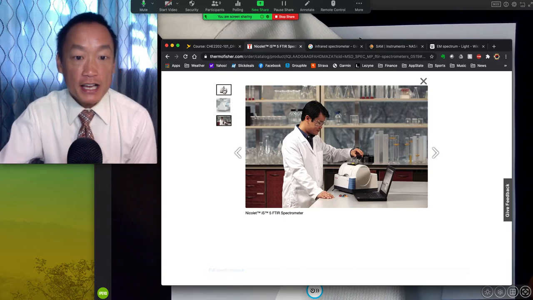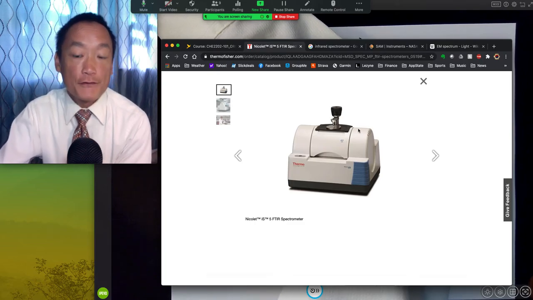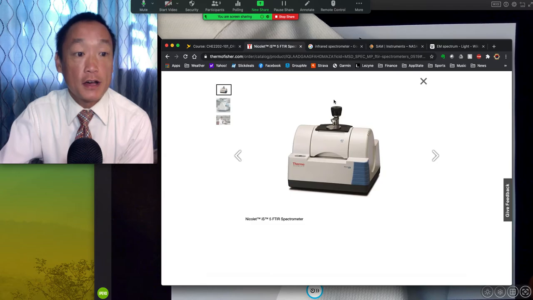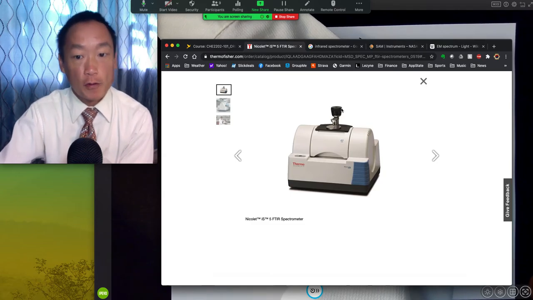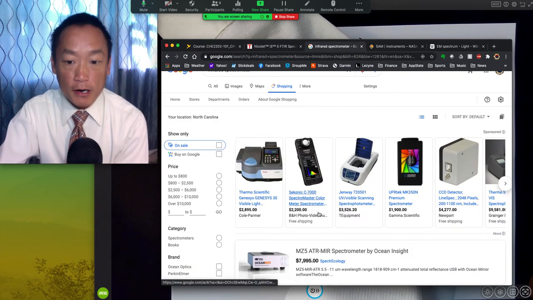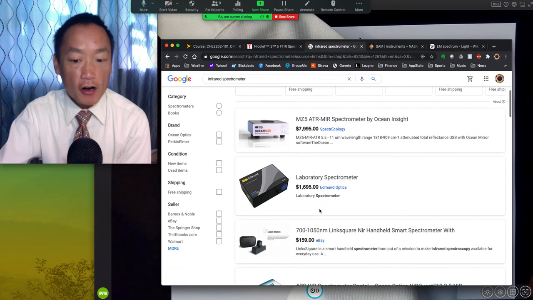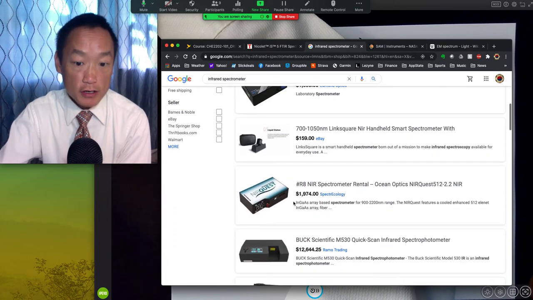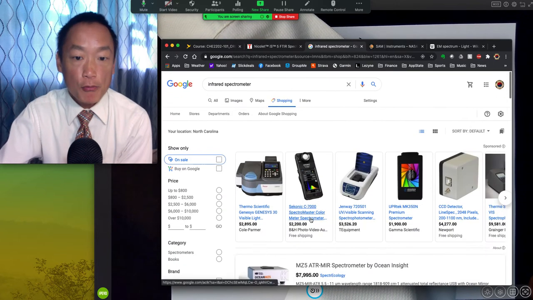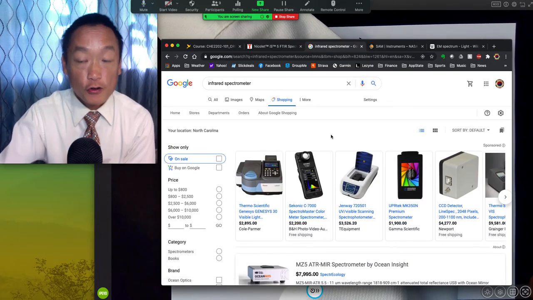What's on the top of this instrument allows you to take a solid sample, but more typically than not, infrared spectrometry is done through a salt plate in a liquid form, though they do have solid options as well. Taking a look at the price, you're looking at about $4,000 for a good IR spectrometer. Here are some smaller ones, but the benchtop ones that you're using typically range around $4,000.